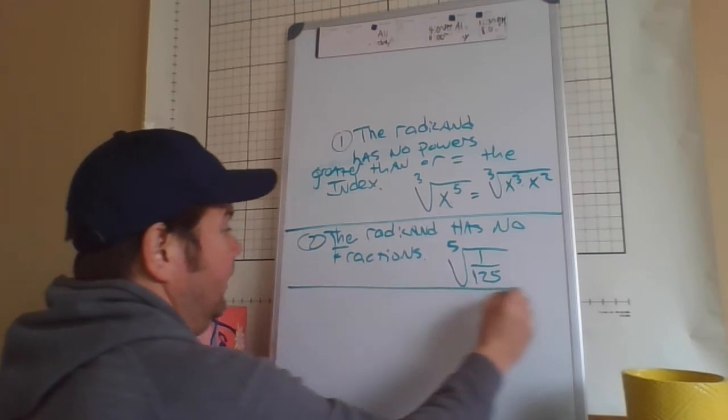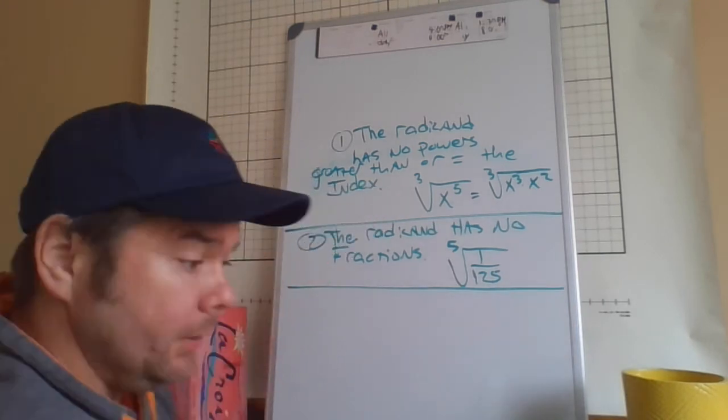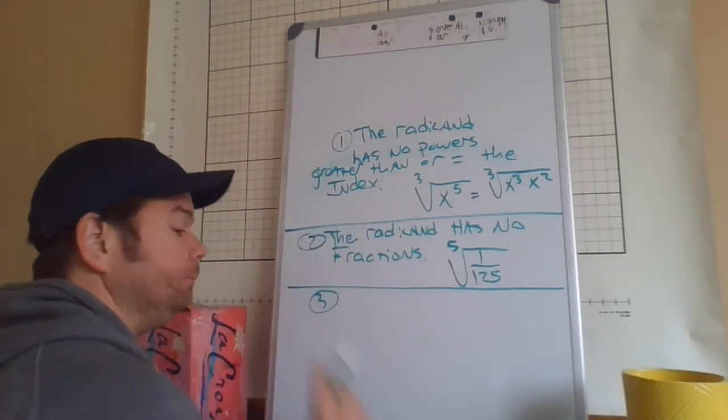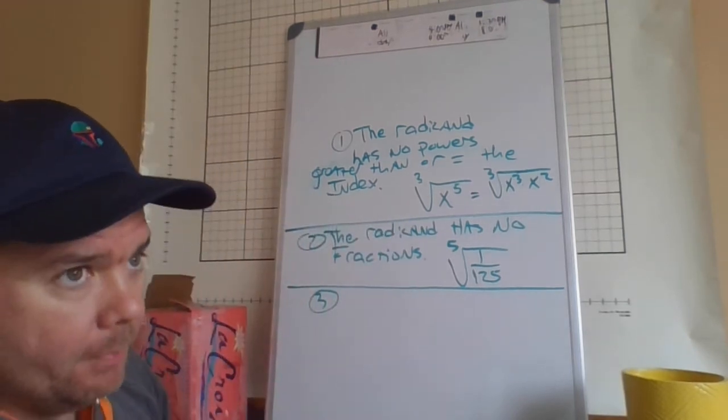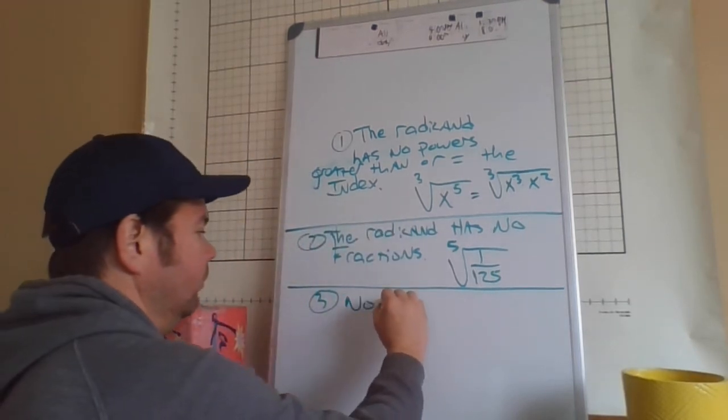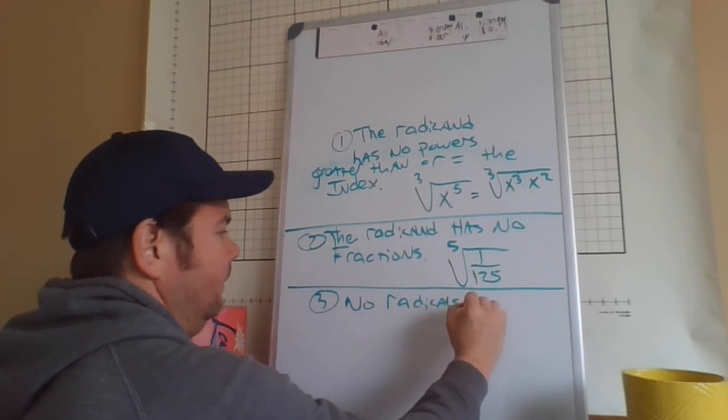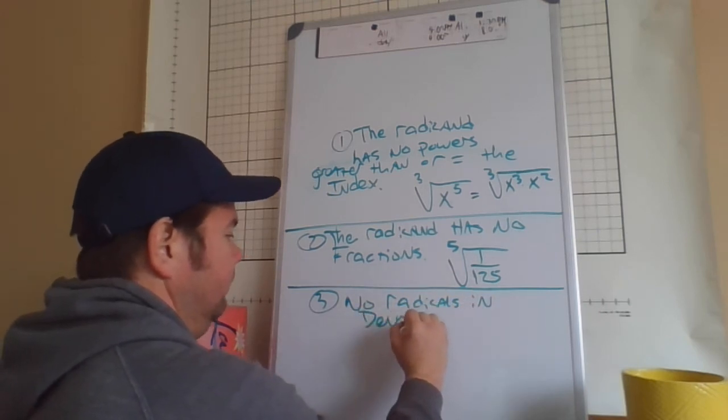Okay, and then the final one is number 3. There can't be any radicals in the denominator of a fraction. No radicals in denominator.